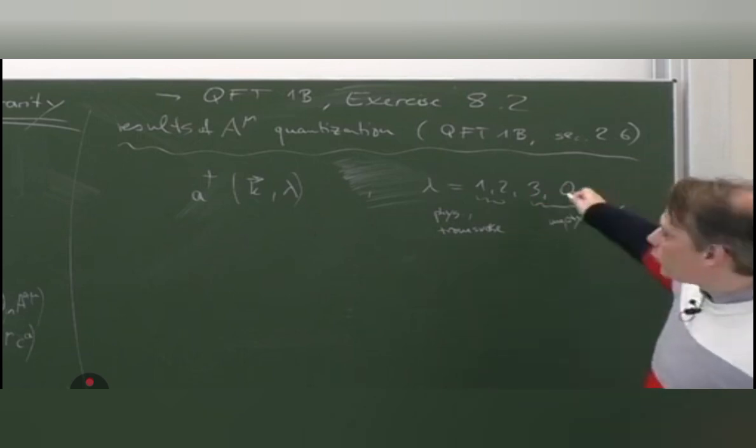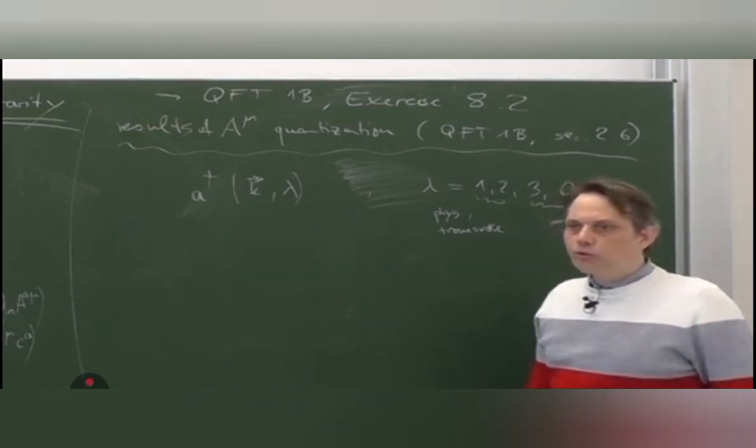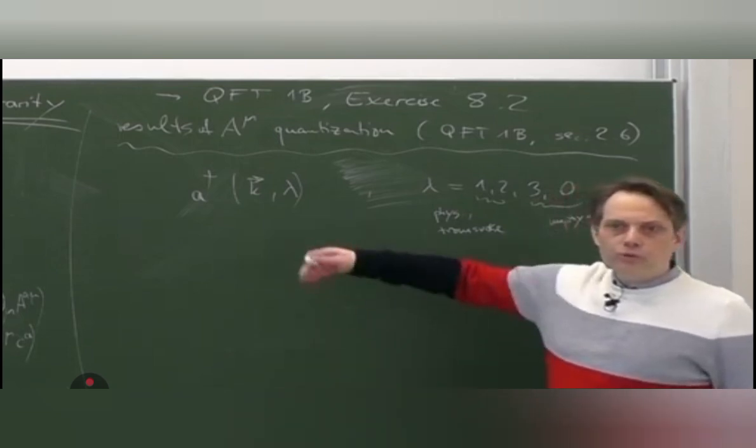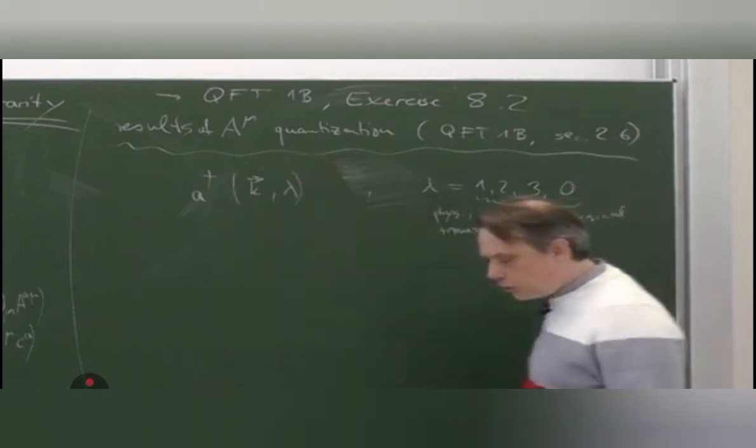These numbers correspond to particular choices of those polarization vectors ε_μ, which we use to write down the operator of the photon field A_μ.